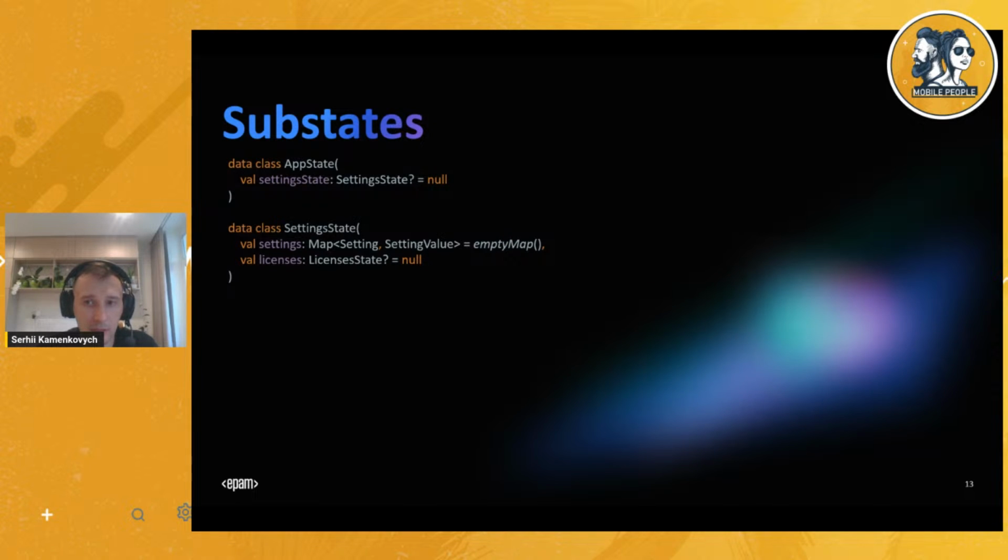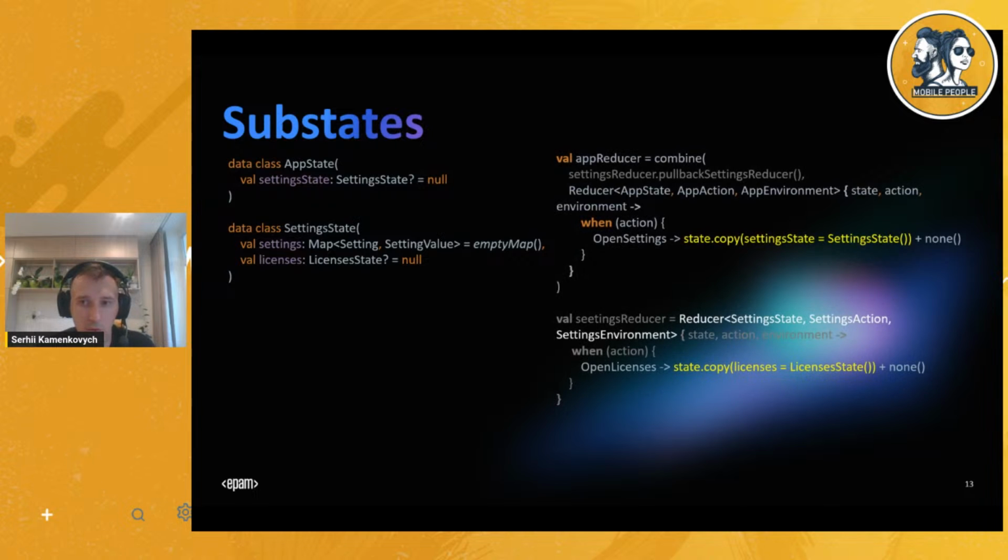So it means that until user clicks a menu option, this state will be null. As soon as user makes this action, it is reduced by our reducer, and setting state is created. Same is for opening licenses here from setting screen.